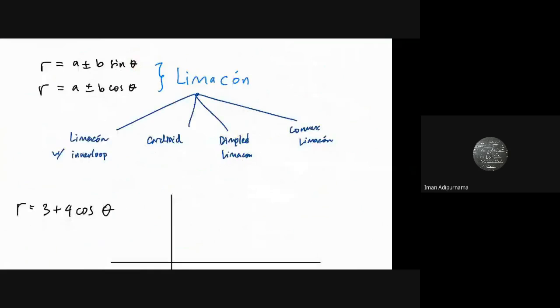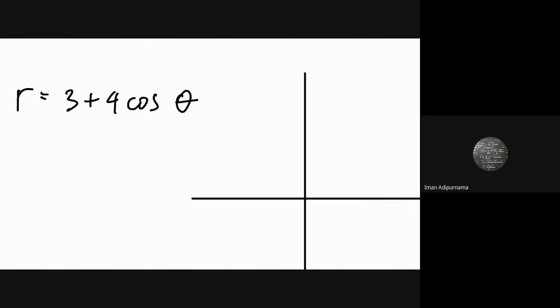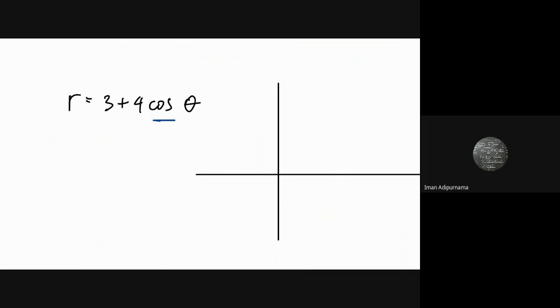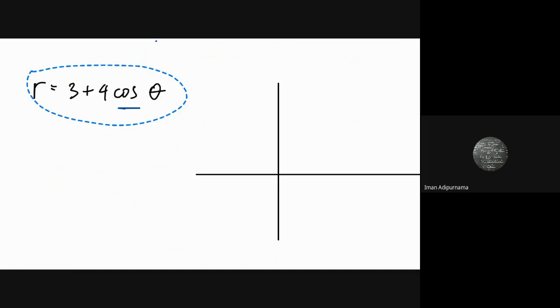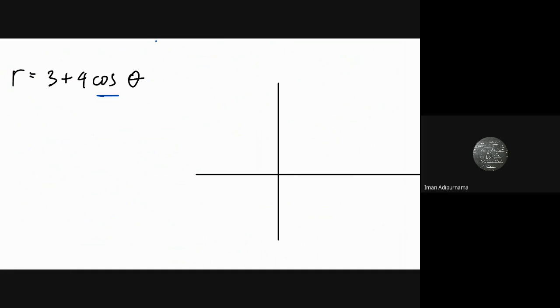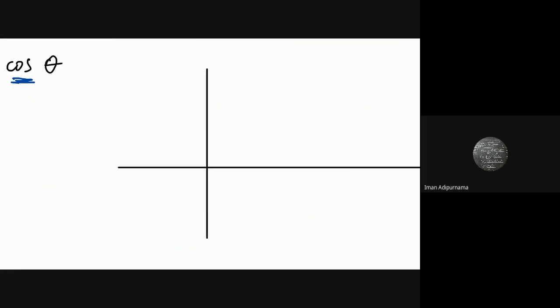So if you have cosine here, that means it can be on the right and it can be on the left, right? It's like we have some circles there, but it's not literally a circle, but some curves. And this is positive, so maybe it will be something here.